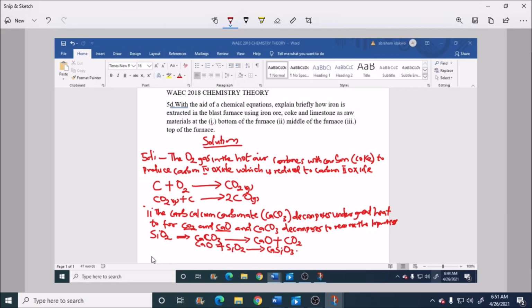But let's see what happened at the top of the furnace. That is Roman figure 3. So the iron 3 oxide, at the top of the furnace, is reduced to metallic iron.